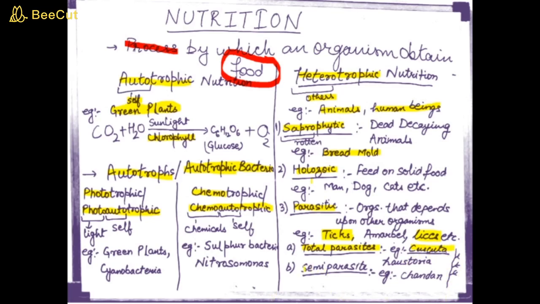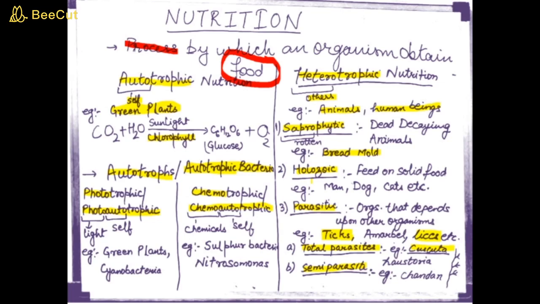Then there are some parasites that do not completely depend upon the other organism. They have the ability to derive their nutrition by themselves, and they depend upon the other organism too. They are known as semi-parasites, and chandan is the example. Chandan is a plant that depends upon other plants also as a parasite and derives its own food also.